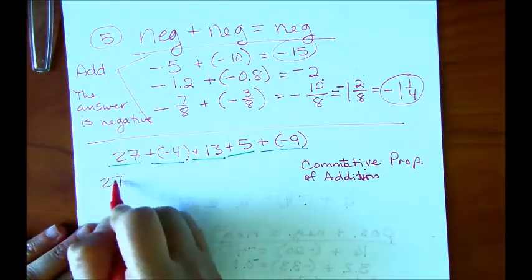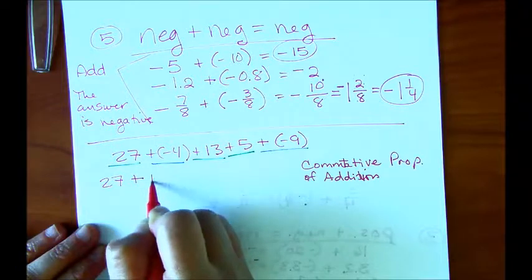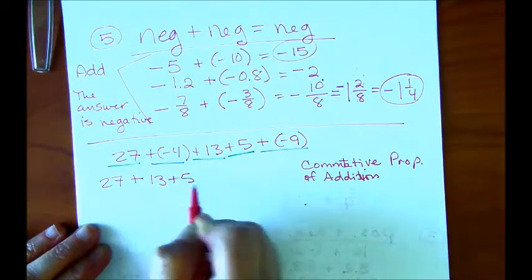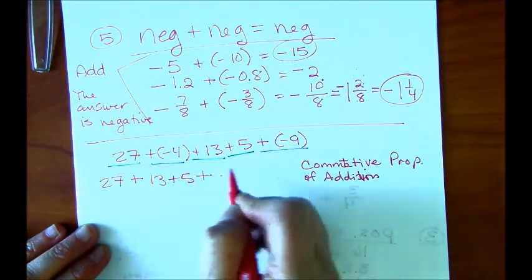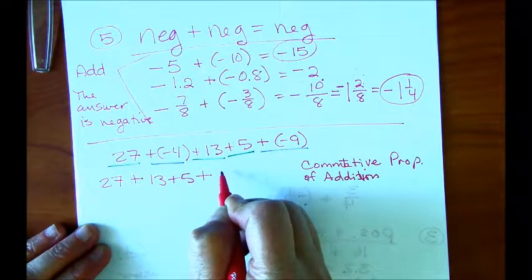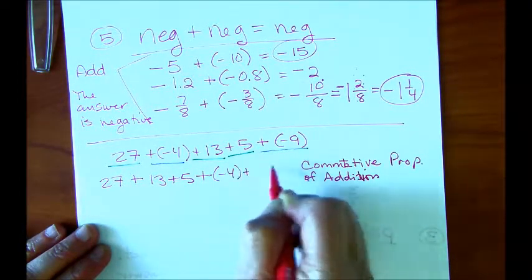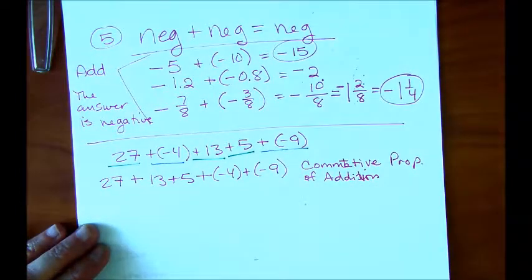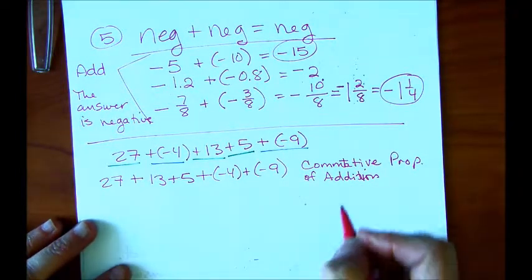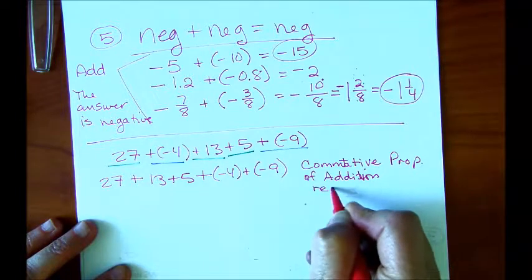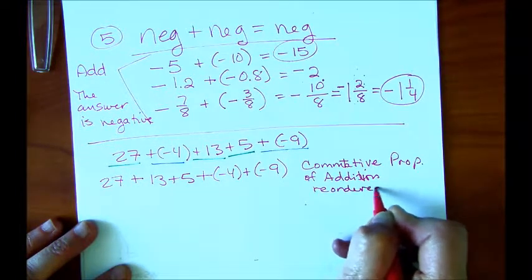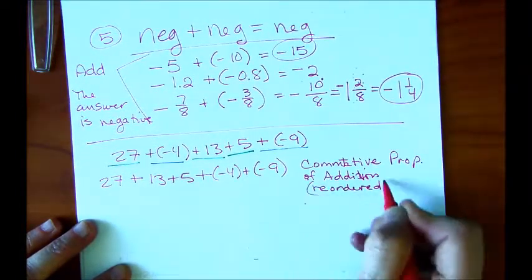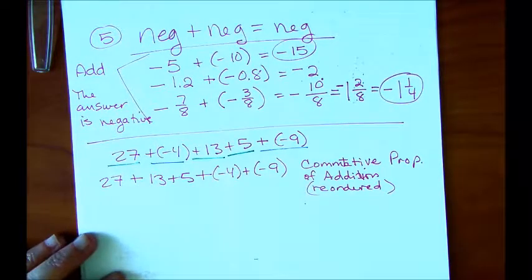So 27 plus 13 plus 5. And now I need to continue with the negatives. So I've got -4 plus -9. So we reordered.